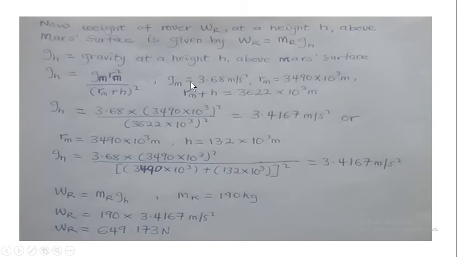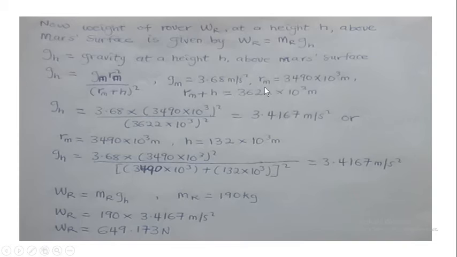You know your gravity on Mars to be 3.68, and then you know the radius of the Mars also to be 3,490 times 10 exponent 3 meters, and then you know Rm plus h, the radius of the Mars plus that height, given to be 3,622 times 10 exponent 3 meters.